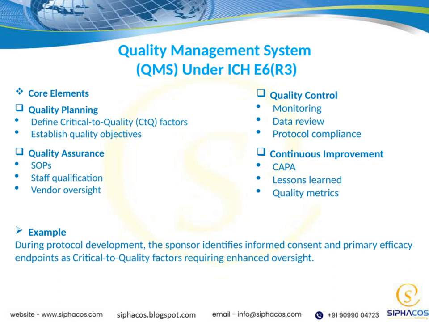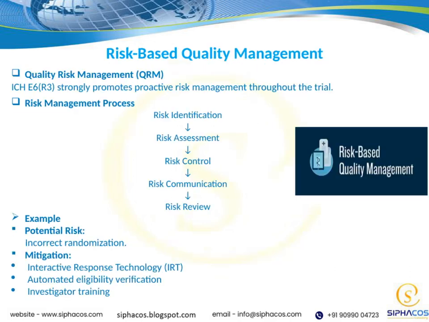Quality control focuses on monitoring, data review, and protocol compliance. Continuous improvement ties it all together, using CAPA, lessons learned, and quality metrics to drive ongoing excellence. For example, during protocol development, the sponsor might flag informed consent and primary efficacy endpoints as critical areas needing extra attention.